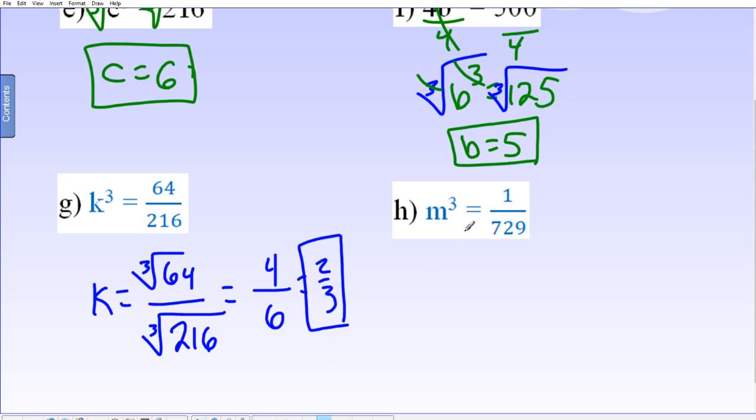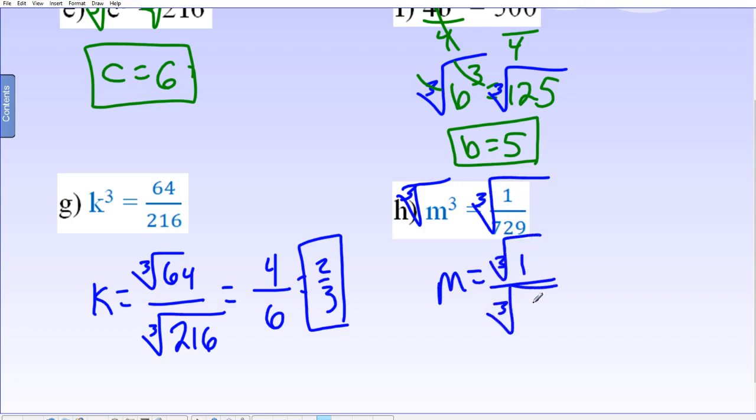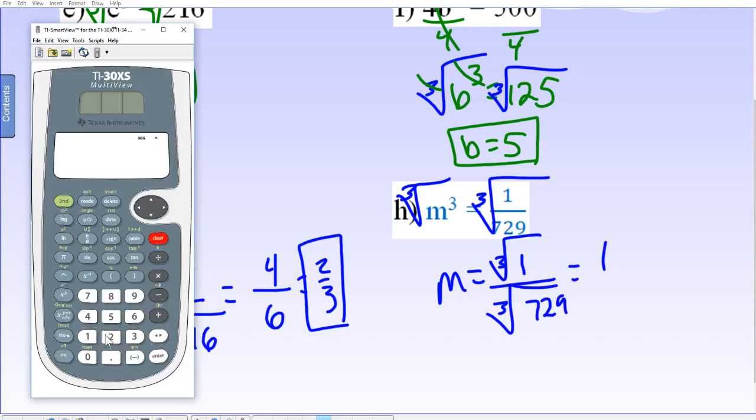Letter H. Cube root both sides. Here the cube root and the cube cancel, so you have just m equals. On the other side, the cube root of this. So again, cube root the top, cube root the bottom. The top is just going to be 1. The cube root of 1 is 1. On the bottom, the cube root of 729. Maybe you don't know that.